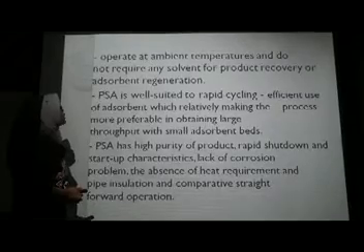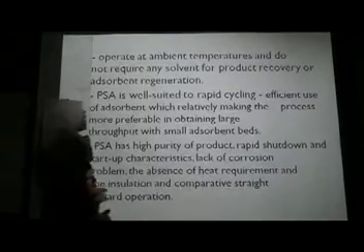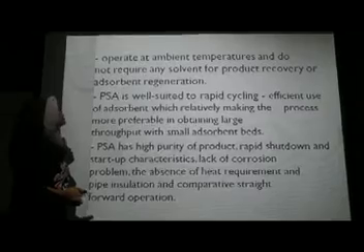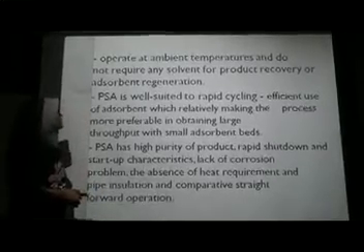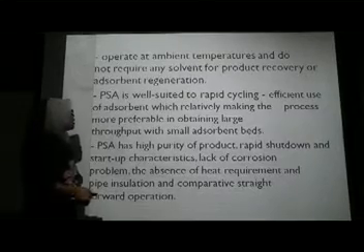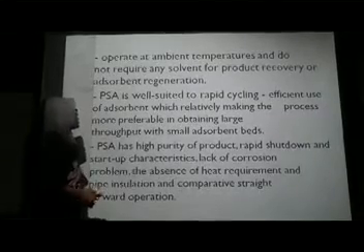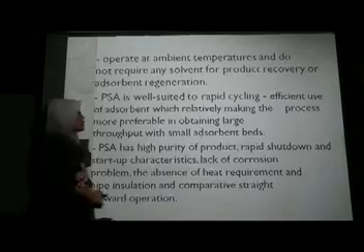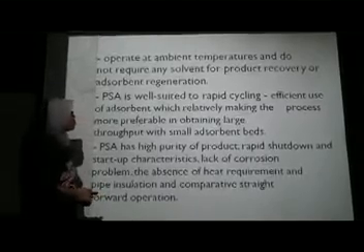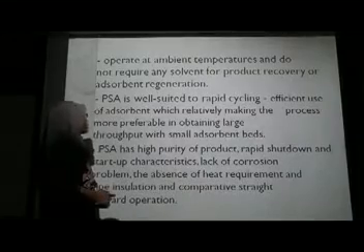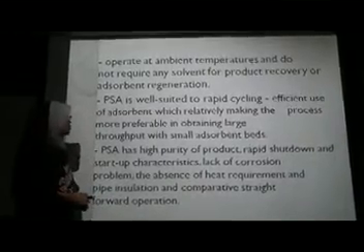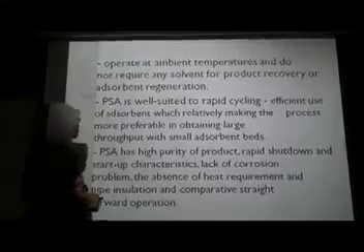Next, we move to the operation. PSA system operates at ambient temperatures and does not require any solvent for product recovery or adsorbent regeneration. Instead, PSA is well suited to rapid cycling for efficient repetitive use of adsorbent, making the process more preferable in obtaining large throughput with small adsorbent beds.